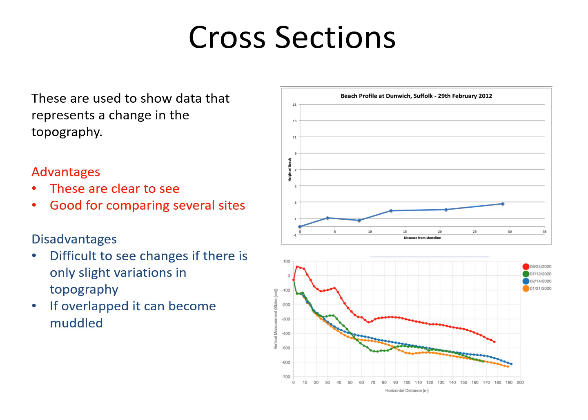Cross sections tend to be for beach profiles, but you can have it for areas of high relief, so mountainous areas. You can have it for glacial readings as well, showing you changes in ice level and ice depth. They're good, they're clear, they're very good for comparing multiple locations, but if you do compare them like the bottom one does and they overlap, it can become a little bit tricky.